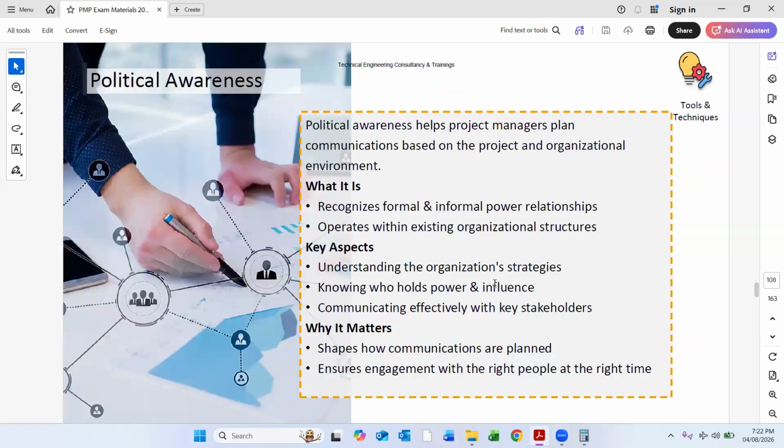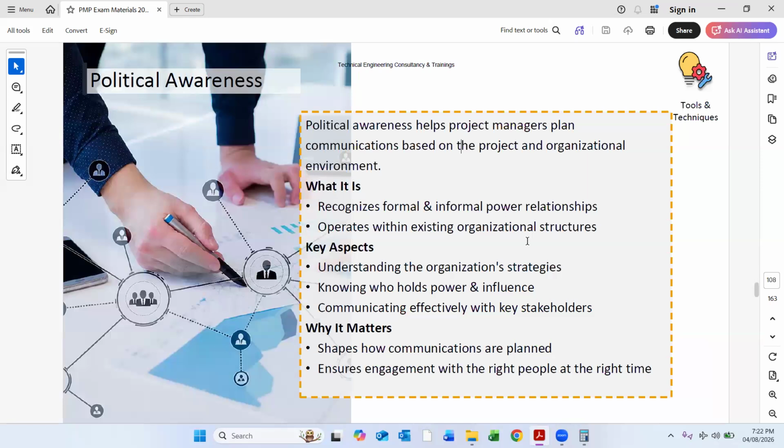Political awareness. We should also have political awareness. It helps project managers plan communication based on the project and organization environment. Recognize formal and informal power relationships operating within existing organization structures. Understanding the organization strategies.